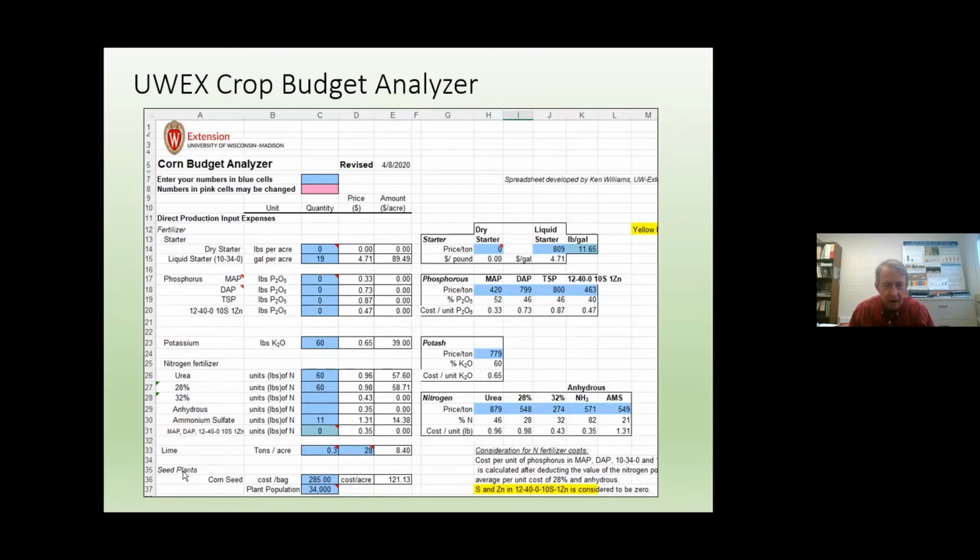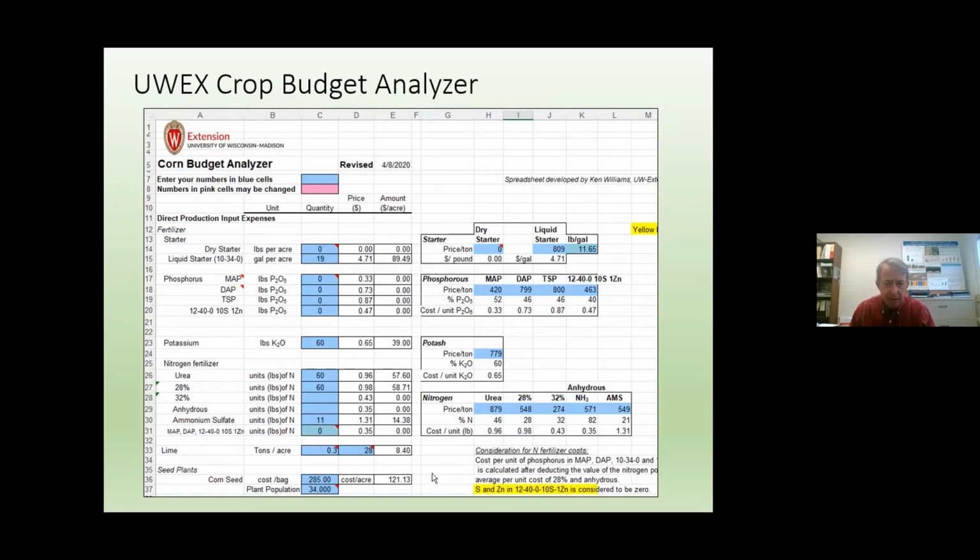Then down here it asks, and it doesn't total that. I kind of wish it did, but just totaling it up on my own, that's what I came up with. And also a little bit of lime, kind of an annual cost of lime that I'm assuming there from an application to cover a few years.